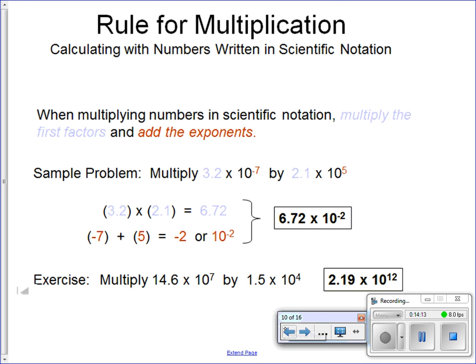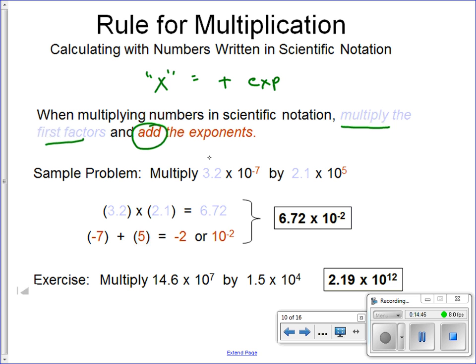Okay, next let's talk about some rules for operations in scientific notation. We can do these most of the time without a calculator, and then I'll show you how to do them with a calculator as well. So when you are multiplying something in scientific notation, first you want to multiply the mantissas, and then you're going to add the exponents. So when you multiply, you add the exponents.